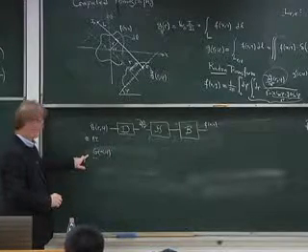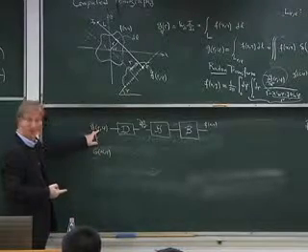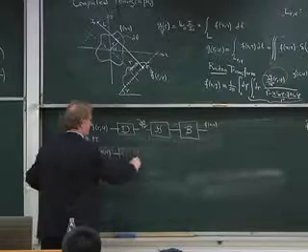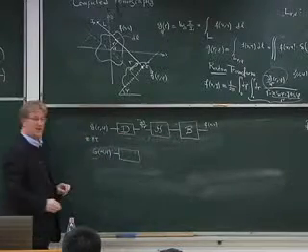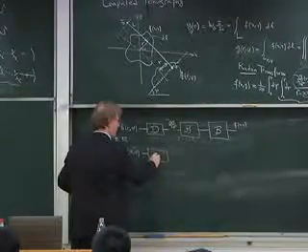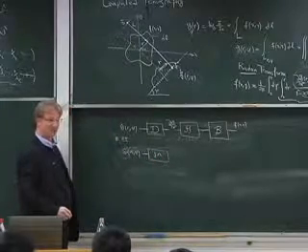Omega is the Fourier variable corresponding to R. So this operator D in the Fourier domain would be i omega G. Okay?